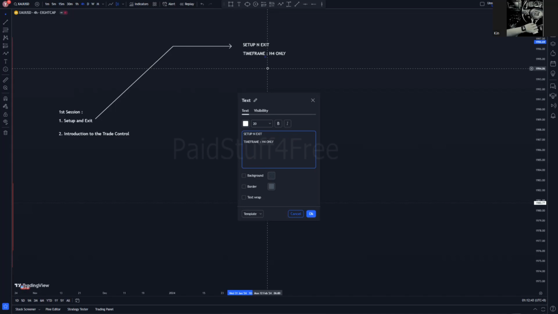After the time frame, the most important part is going to be the movement. We need to understand the movement inside of the chart. The chart is going to move from buy to sell, and then from sell to buy. It is going to keep on repeating like this over and over.